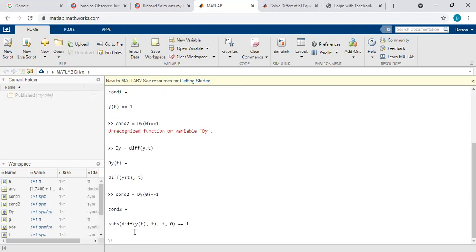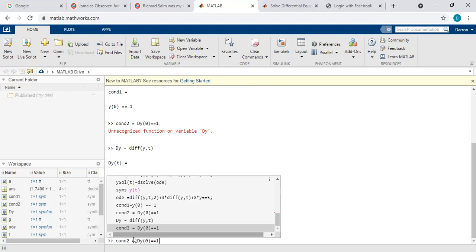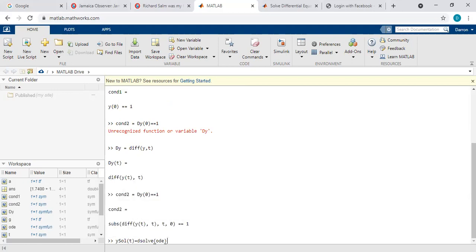All right. And then now it is going to be dsolve, dsolve. Okay. Oh, first of all, I have to put the differential equations in a vector.